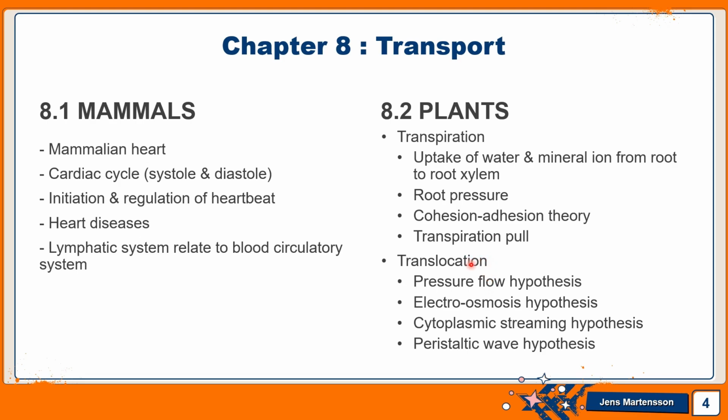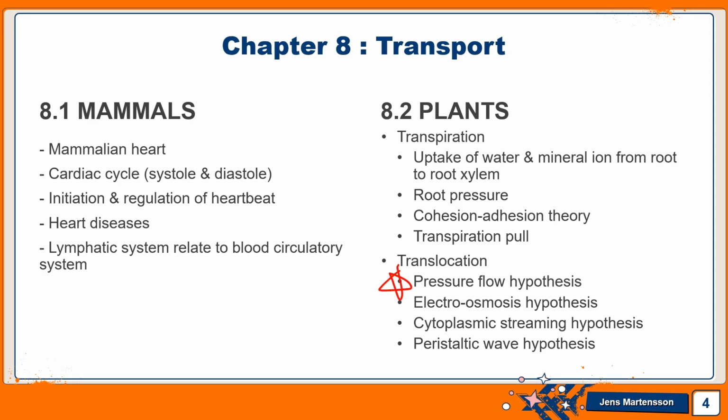You know that only, but you don't know how it transports. In STPM you have to know there are altogether 4 pathways for translocation. But the main pathway is the pressure flow hypothesis. This is the main pathway.